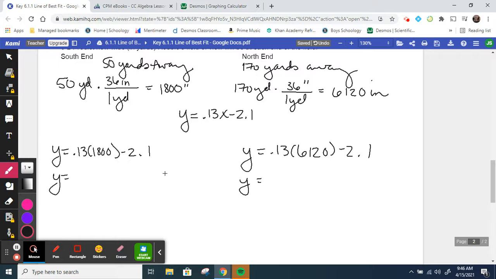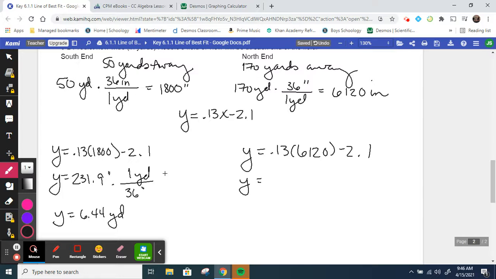Okay, so this comes out to be 231.9 inches, but the question asked for yards. So now I have to take the inches back to yards. So I would divide by 36 to get 6.4 yards is how much you would be able to see of the field.